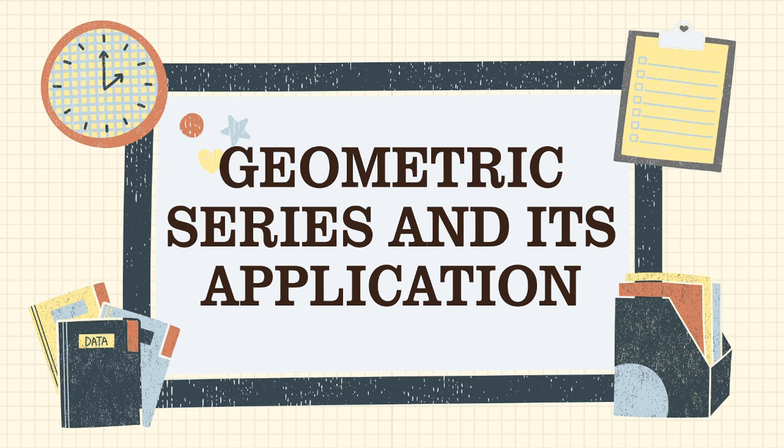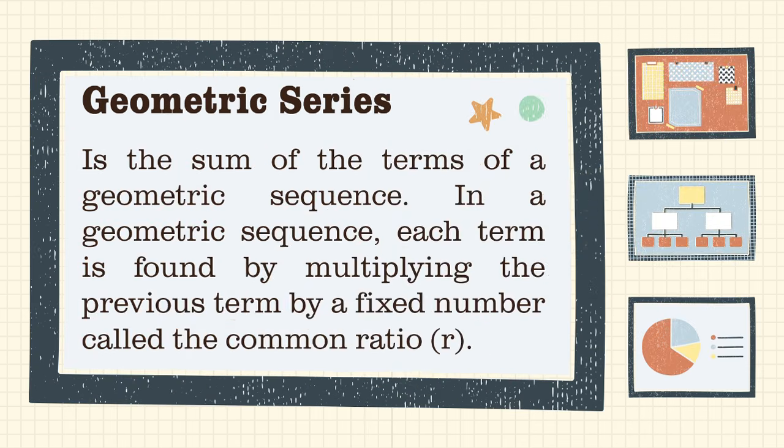So let's have geometric series and its application. First, let us define geometric series. It is the sum of the terms of a geometric sequence. In a geometric sequence, each term is found by multiplying the previous term by a fixed number called the common ratio. We have already discussed the geometric sequence and geometric series, wherein we are multiplying the previous term.